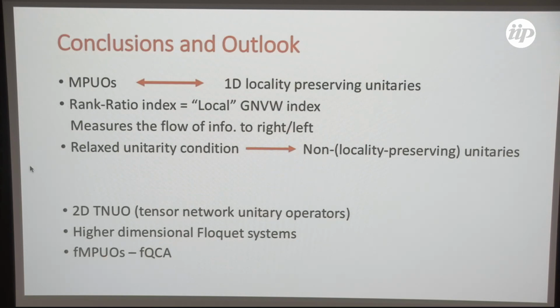This is related to higher dimensional flow cases of systems. And one should also look at the fermionic versions of these MPUOs. I don't know what the fermionic QCA is, or I don't even know a definition. Maybe one can actually define it.